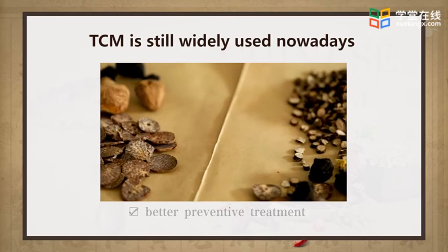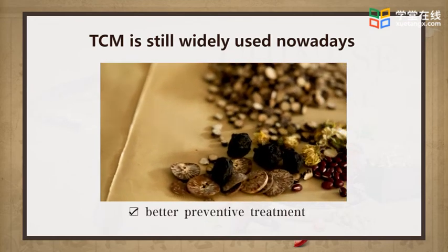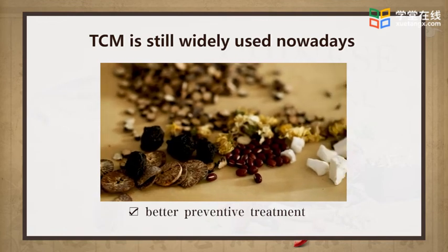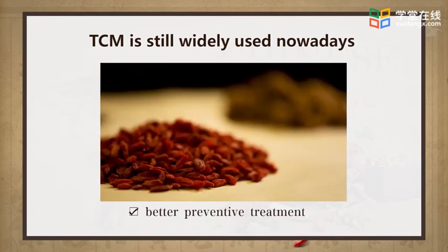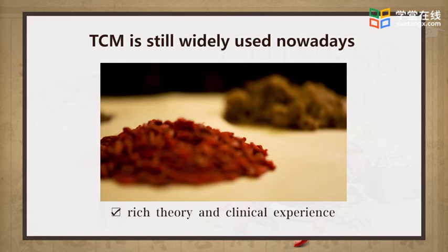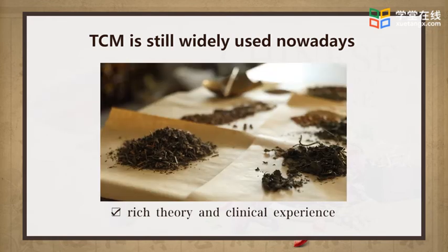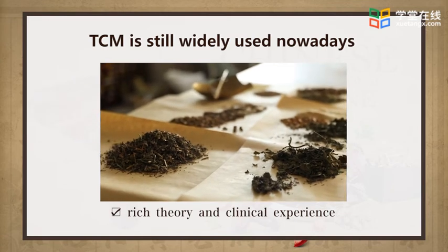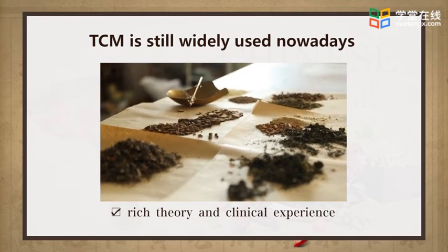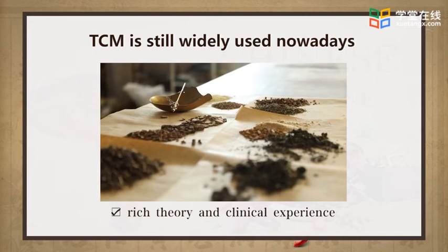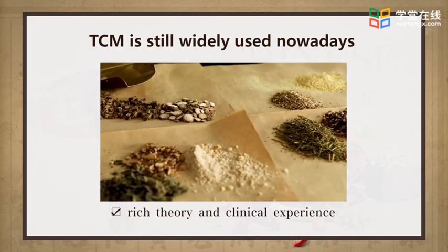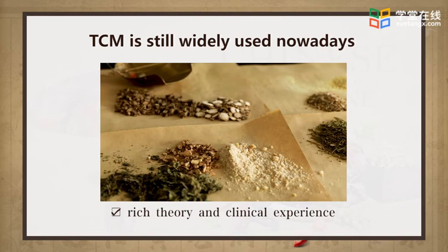It has great contribution for the treatment of some life-threatening disorders, such as cancer. It has rich theoretical and clinical experience. Although some of the theory in TCM cannot be explained clearly in terms of modern medicine or modern science, it guides the clinical practice effectively.